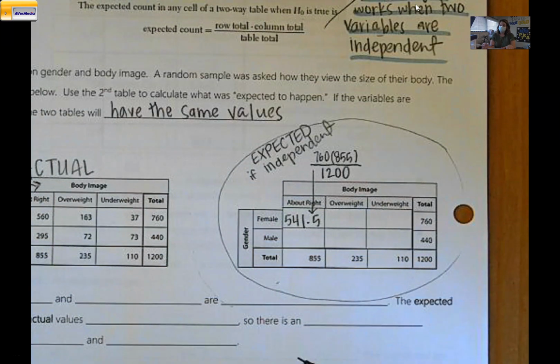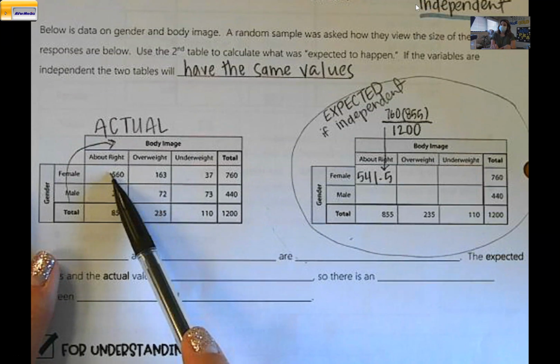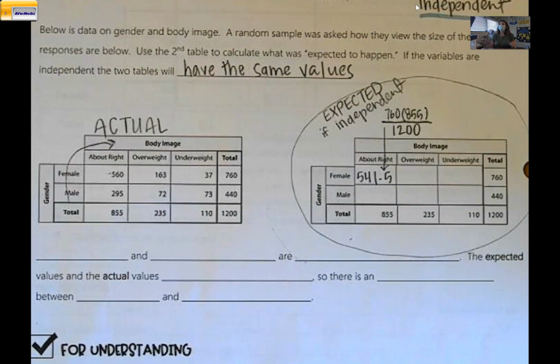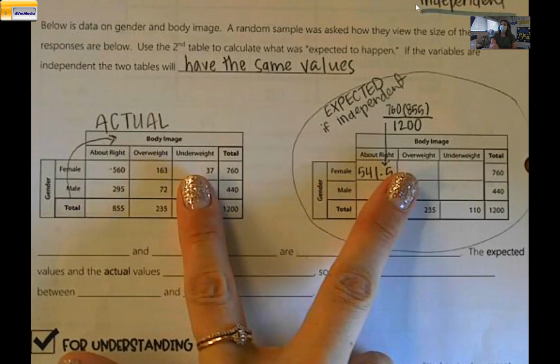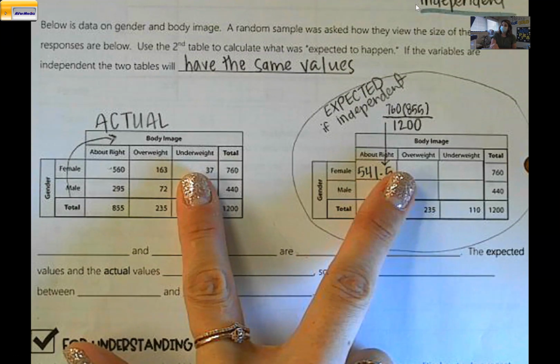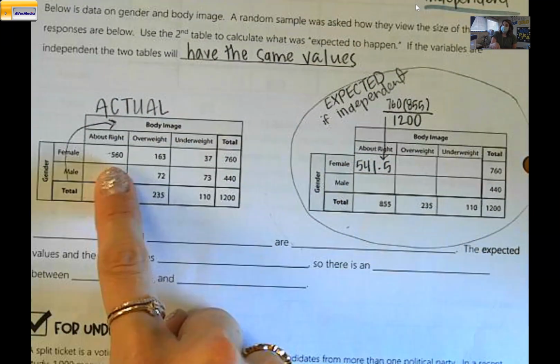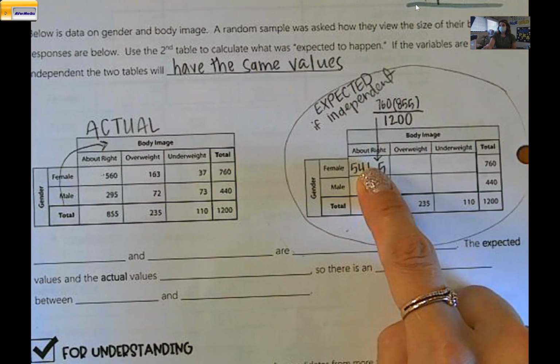What actually happened? 560. So right there, I don't even need to finish calculating the table. These two things have a relationship. If they had no relationship, this 560 would have equaled 560 here, but it didn't. Is that making a little bit of sense?